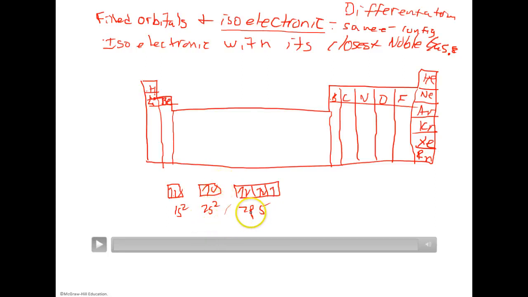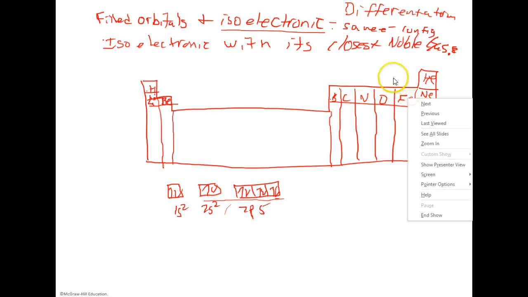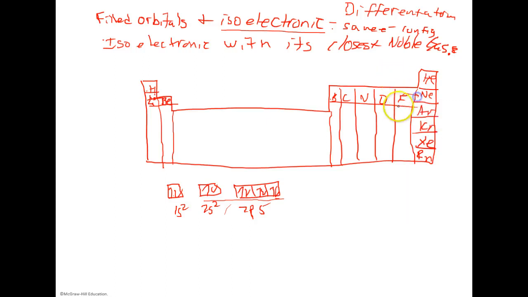So what does fluorine have to do to be completely filled? It needs to add one more electron into its outermost shell.